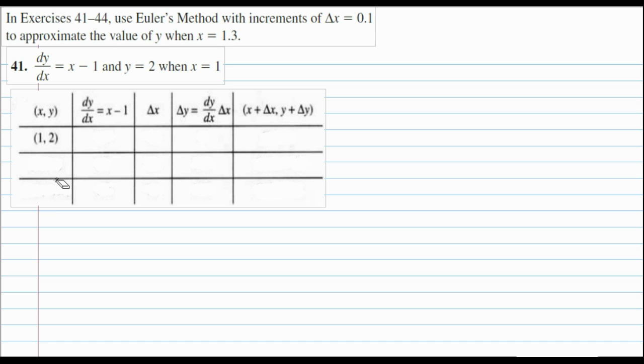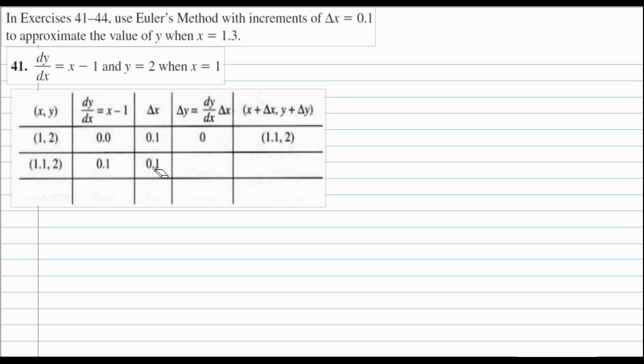All right, so for 1 comma 2, our dy/dx, the slope at that exact point, is 0. Our delta x, which the problem gave us, is 0.1. So we change our x by 0.1 but our y by 0, and we have 1.1 comma 2. Now we start with that point and find the derivative there: the slope at that point is 0.1.